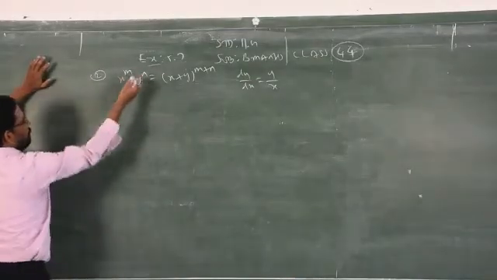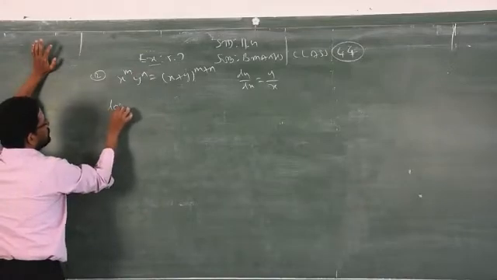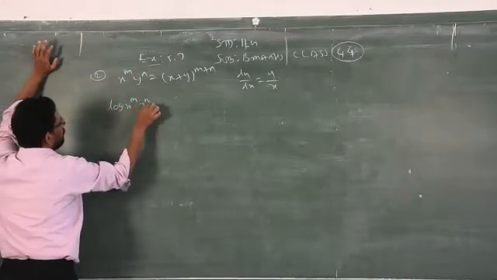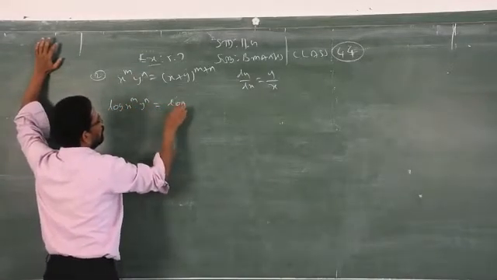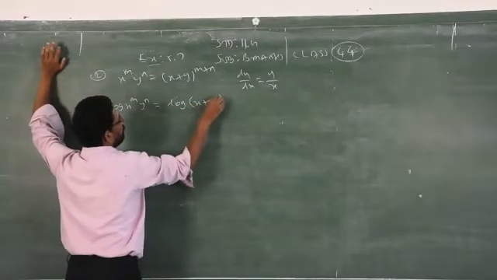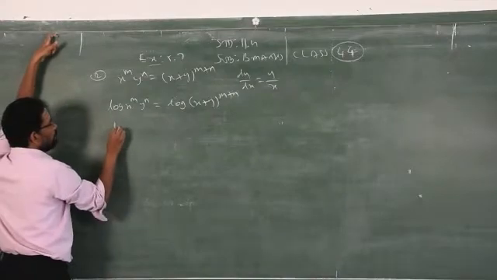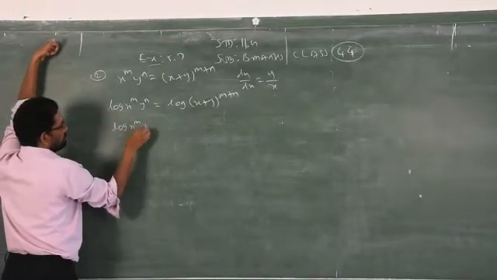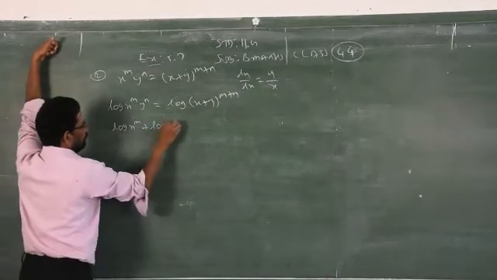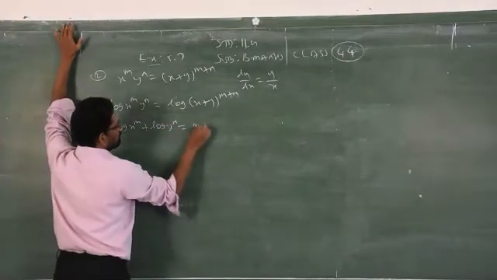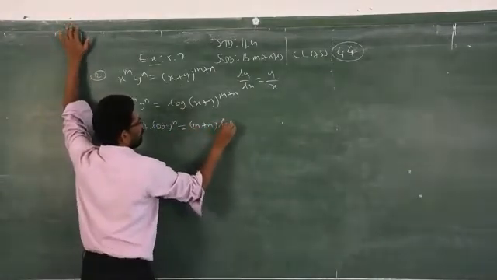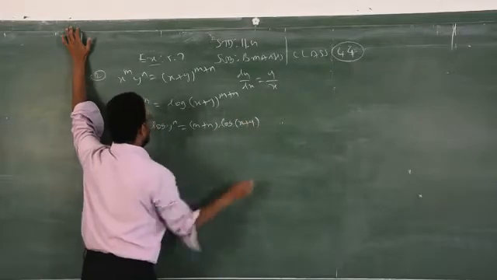So again I have powers, so I am taking log on both sides: log of x power m, y power n, equals log of x plus y whole to the power m plus n, based on the rule. Log x power m plus log y power n, this is the power rule, equals log x plus y. Clear?